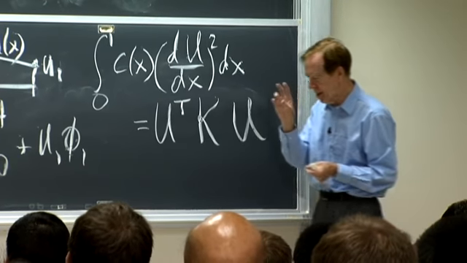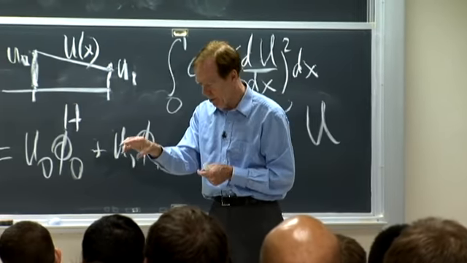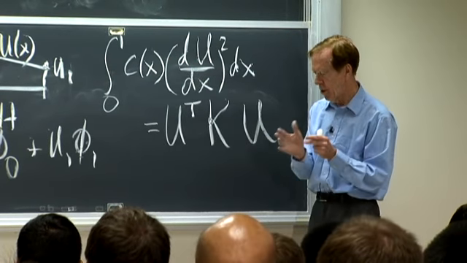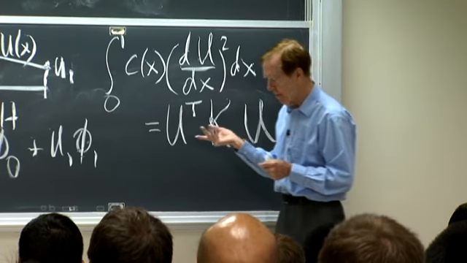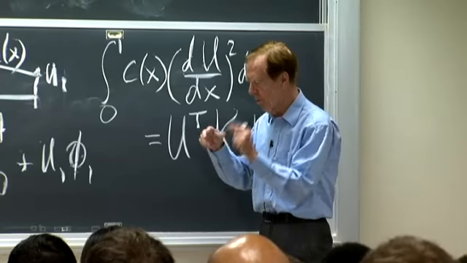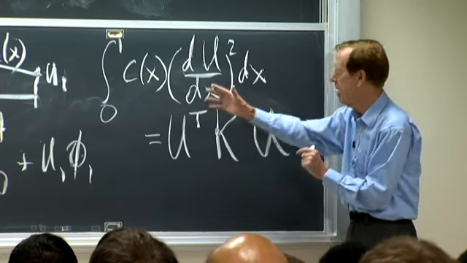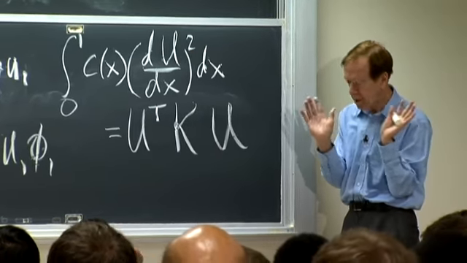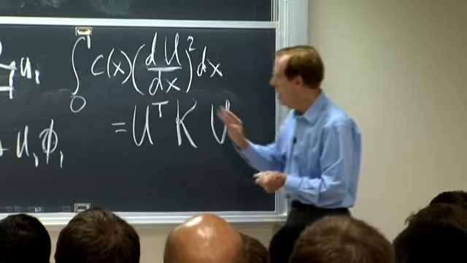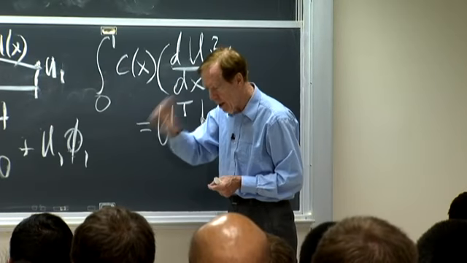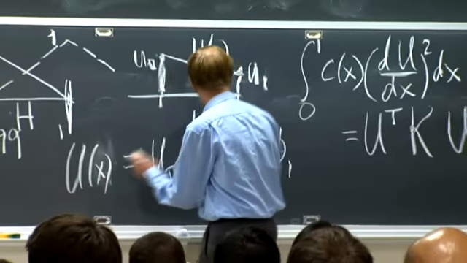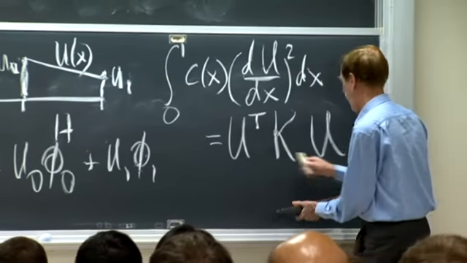The question is, how am I going to do the integrals? Do I do them the way I did before, where I watched one phi times another phi and integrated? That was successful. But the new way is to integrate an interval at a time. Do the integrals. So this would be K global.